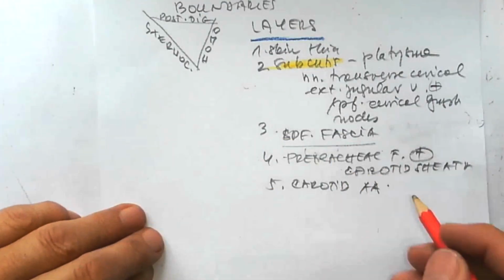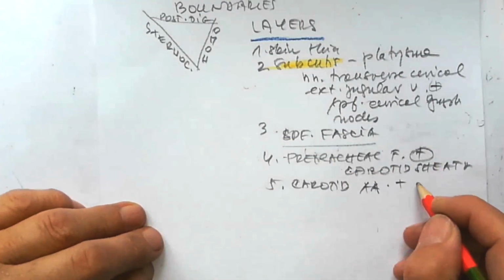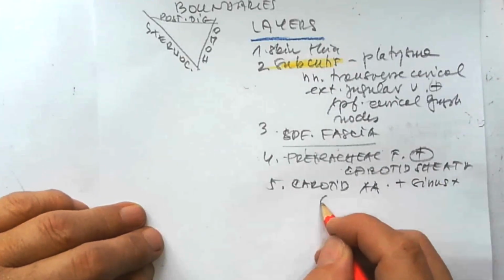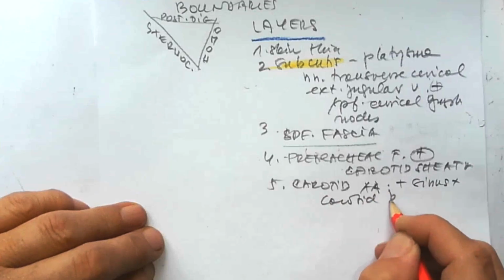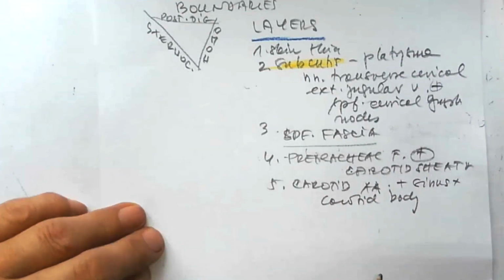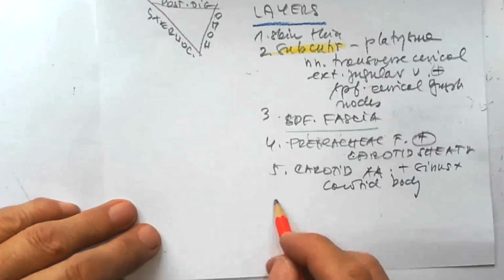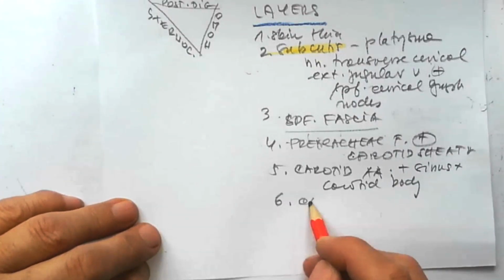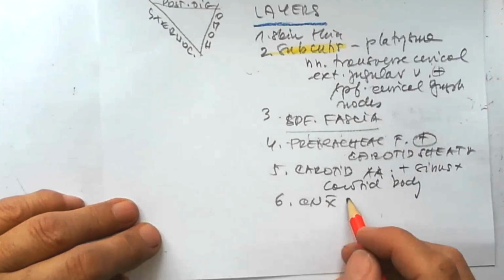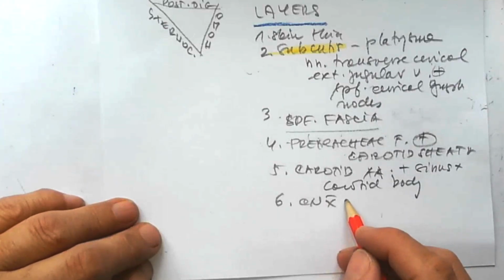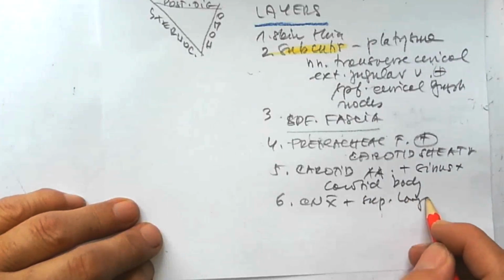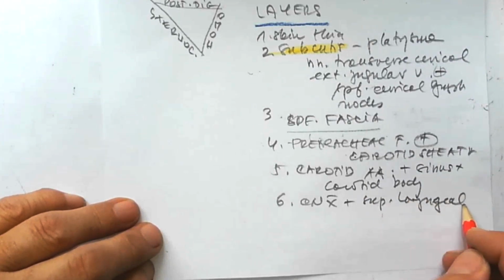Carotid arteries plus sinus plus carotid body. Again, everything was completed. Then number 6 is the cranial nerve number 10, plus the superior laryngeal nerve.